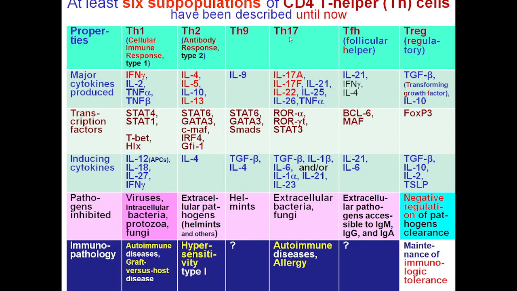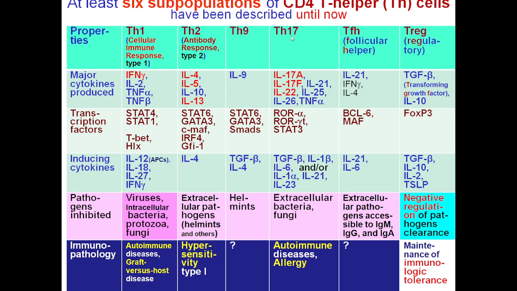T helper 17, via synthesis of these cytokines, stimulates immune response by the recruitment of neutrophils from the vascular space, from the vessels to the infected tissues.